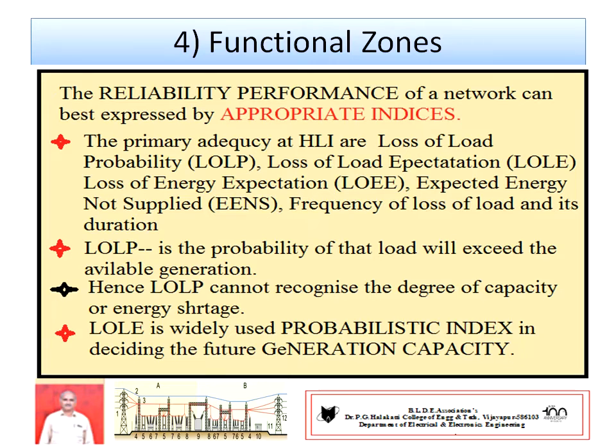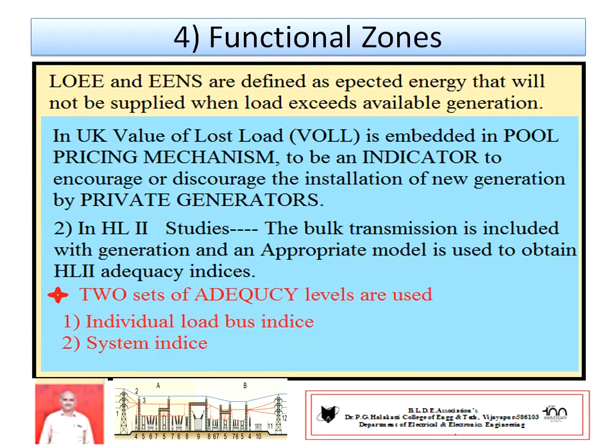So, more than LOLP, another index, LOLE, is a widely used probabilistic index in deciding future generation capacity. LOEE and EENS are defined as the expected energy that will not be supplied when load exceeds available generation.